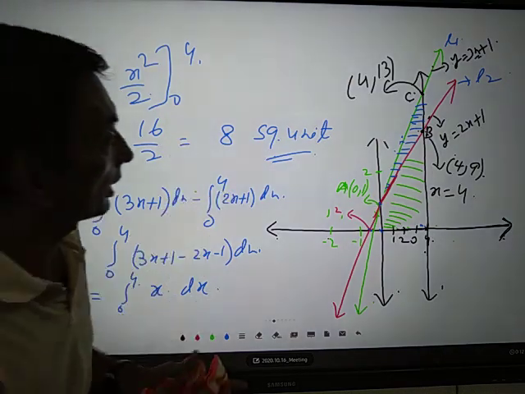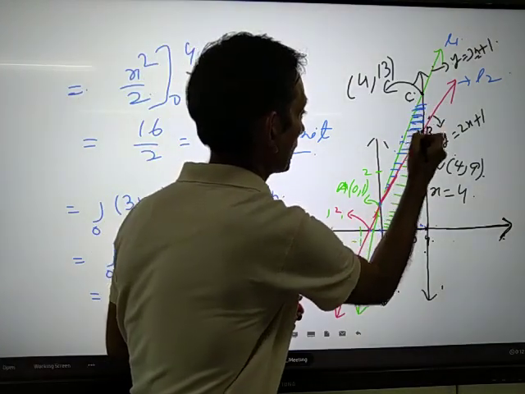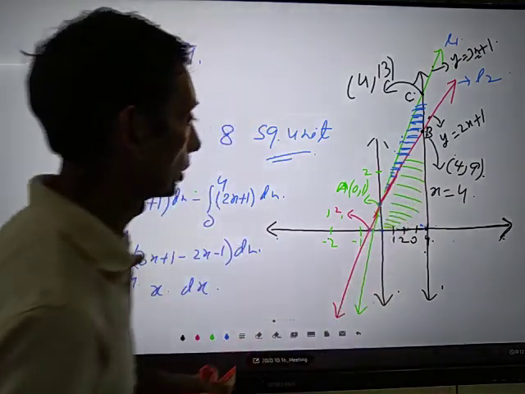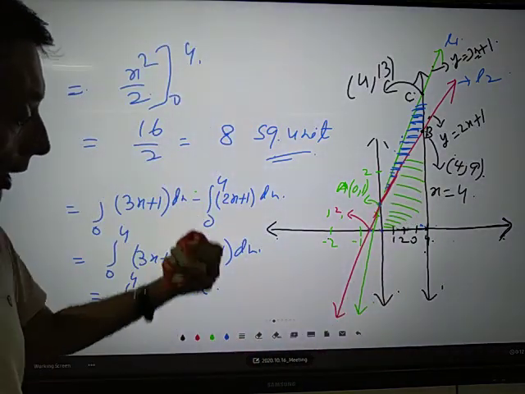So this is the answer, the area of the shaded portion. Next we have another important question.